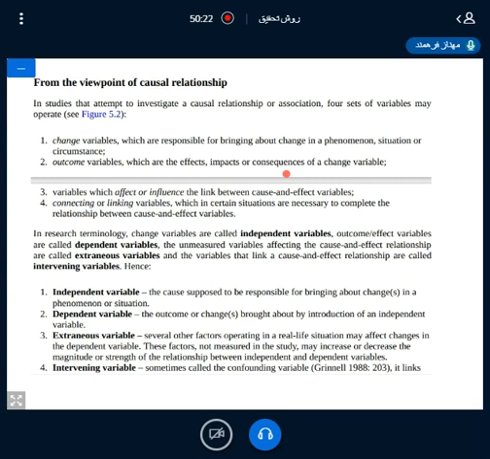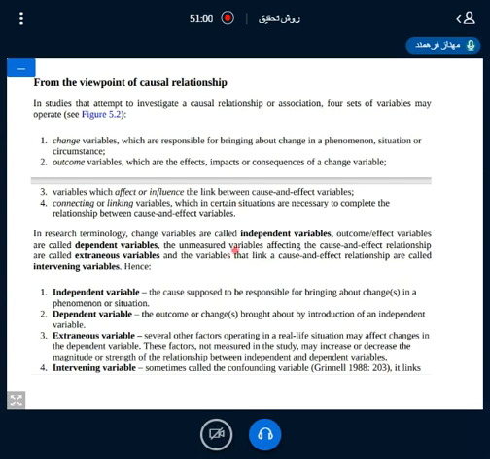But in outcome variable, we can see the effects or impacts of that change variable. Number 3 is variables which affect or influence the link between cause and effect variables. And number 4, connecting or linking variables which in certain situations are necessary to complete the relationship between cause and effect variables.